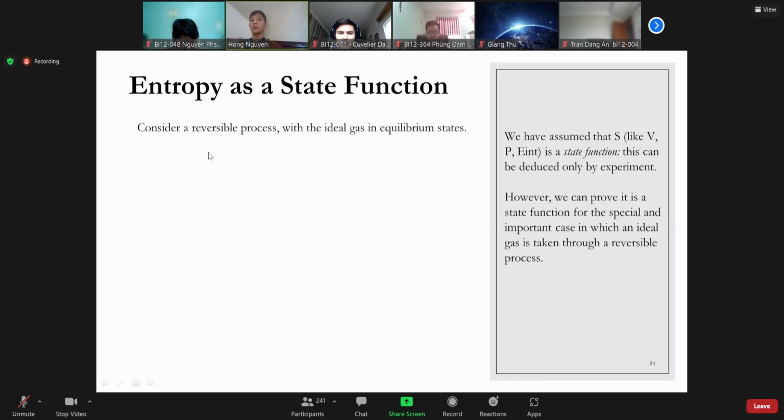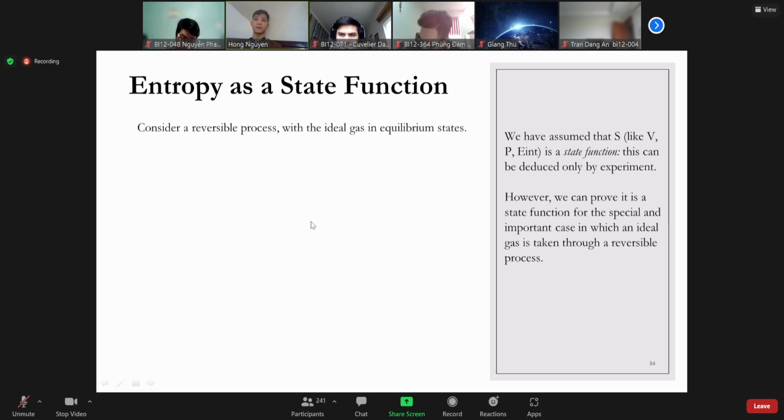So we cannot prove it for irreversible processes, we can just observe it experimentally, but we can find a mathematical way to prove that the entropy is a state function for reversible processes.